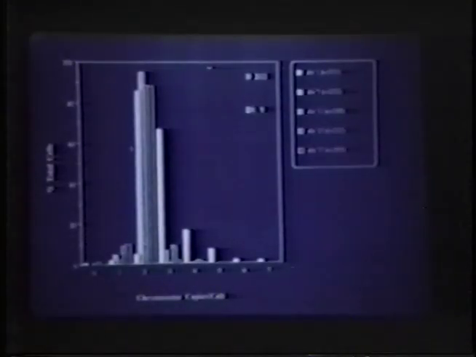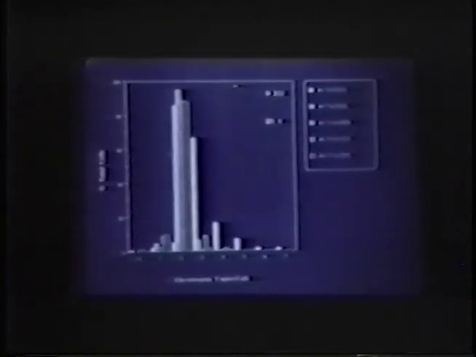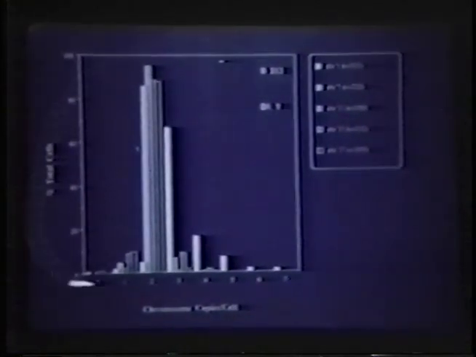Well, let me start with prognostication according to instability. I mentioned in the beginning of this talk that we had probes for repeat sequences that were chromosome specific. And this is an example of the application of one of those, or several of those probes, in the analysis of a primary breast cancer.